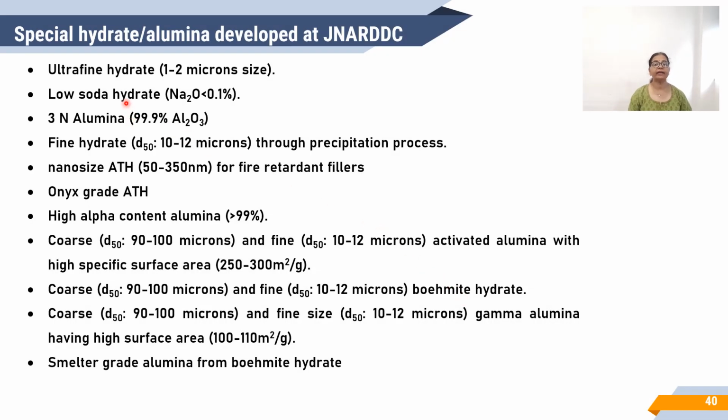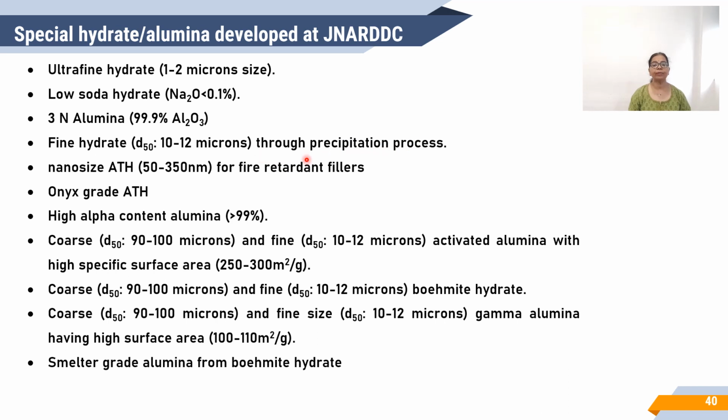So at JNIDTC we have developed special products. They are ultra-fine ATH, that is 1 to 2 micron size. We have produced aluminum hydroxide here by a special precipitation technique. Low soda ATH, that is less than 0.1% soda. 3N alumina, 99.9% alumina. Fine ATH, 10 to 12 micron size, we have produced through the precipitation process.